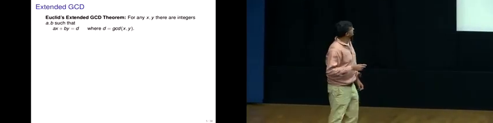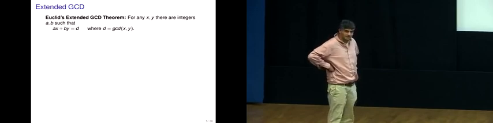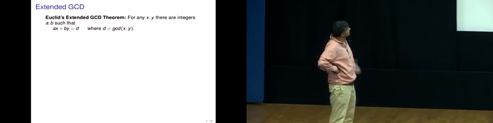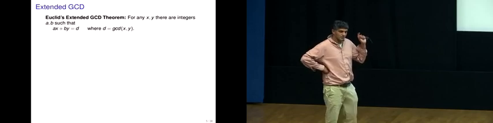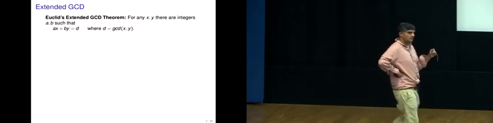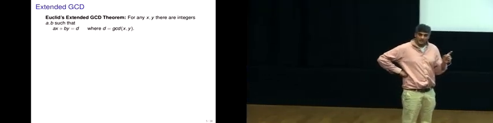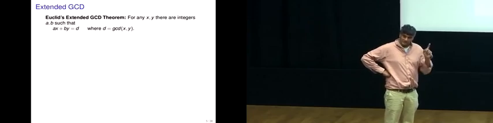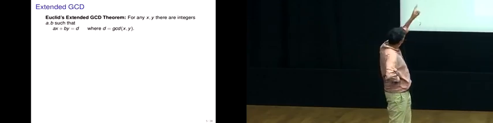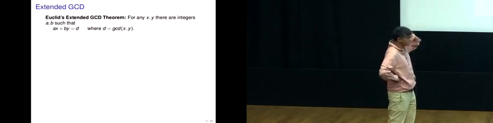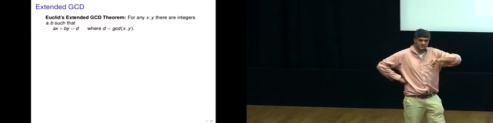Sorry. Okay, this is the extended GCD theorem: ax plus by is equal to d, where d equals GCD of x and y. We're taking the numbers x and y and we can add and subtract them. No matter what integers we use, ax plus by is going to be a multiple of d.